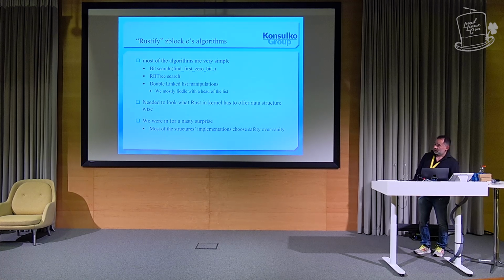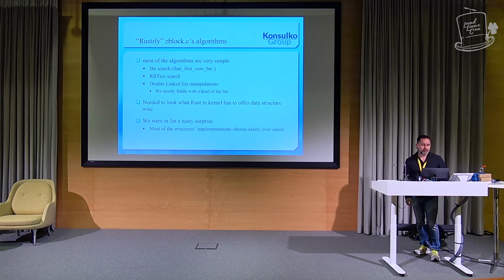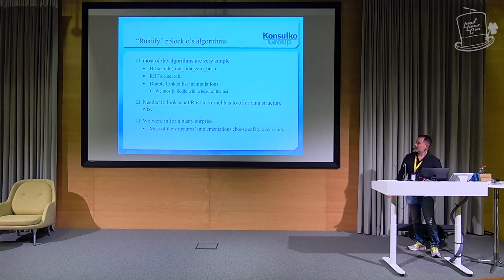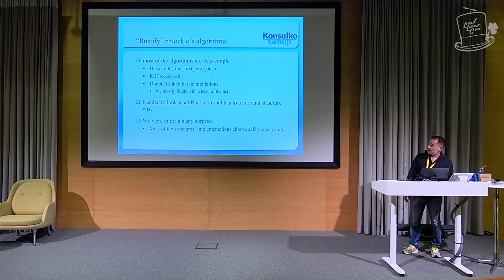Algorithms. Well, we don't do any rocket science in Zblock. So what we have there is the bit search, because the empty and occupied slots are represented by a bit array. So we do bit search for an empty slot.